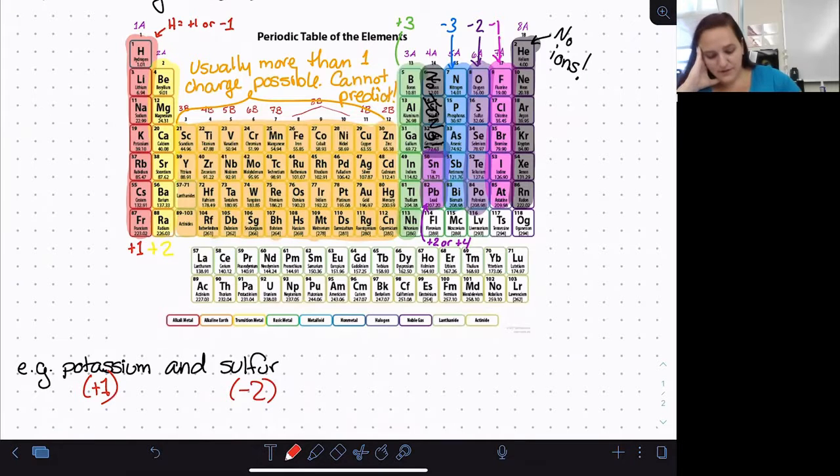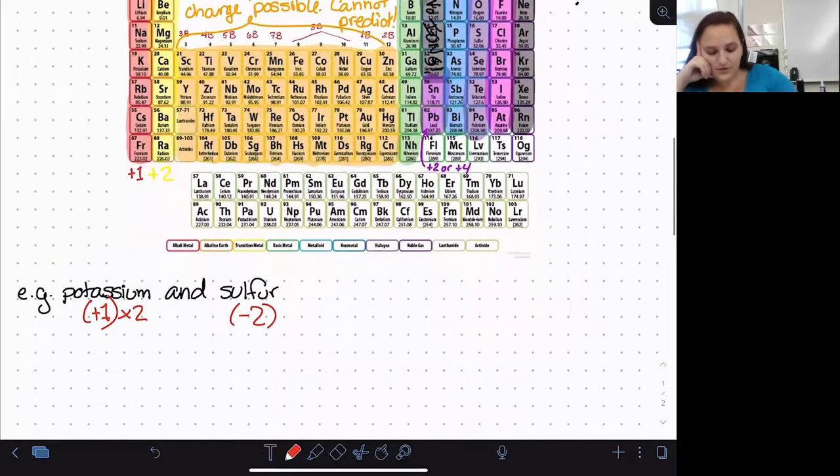So that means for every one positive, we have 2 negatives if we just stick one of each ion together. So in order for our total to come out to 0, we're going to need 2 positives. We're going to need 2 potassium ions for each sulfur. So we know that we want to write the cation first in our formula, followed by the anion.